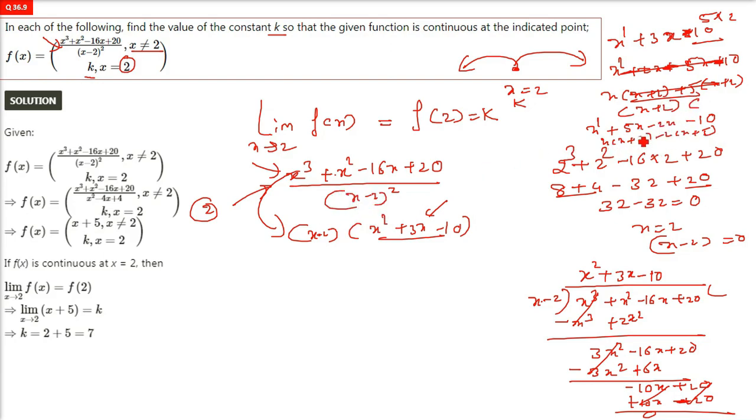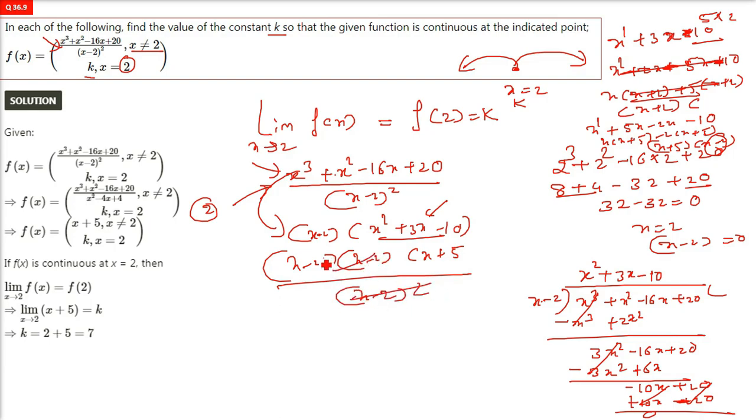So now you have two factors here, x plus 5 and x minus 2. Now replace x square plus 3x minus 10 by (x plus 5) into (x minus 2). So in the numerator we have x minus 2 and x plus 5. In the denominator you already have (x minus 2) into (x minus 2), that is (x minus 2) whole square. So you just cancel this out. The only remaining thing is x plus 5.